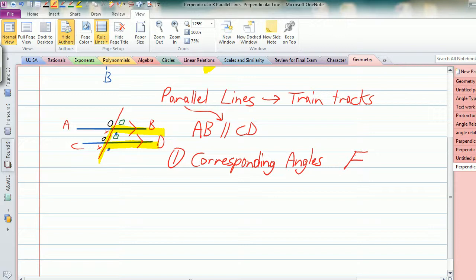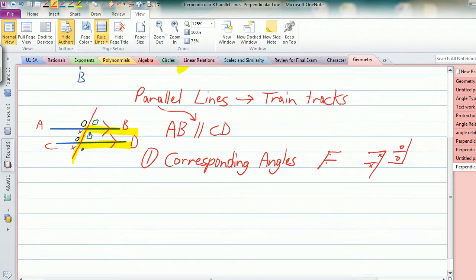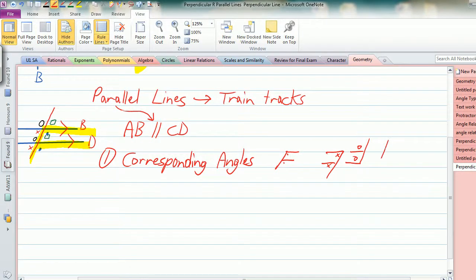Now it can be in this direction, it can be in the opposite direction, it can be upside down with the circles, or it can be upside down, sorry, that was upside down and backwards. Or in squares, it's just upside down. Okay.